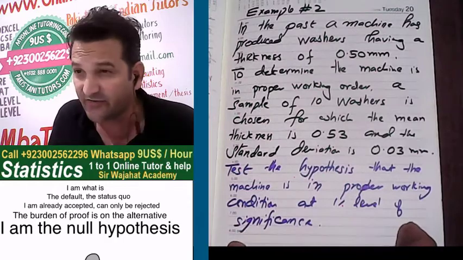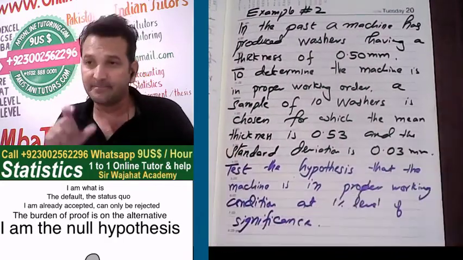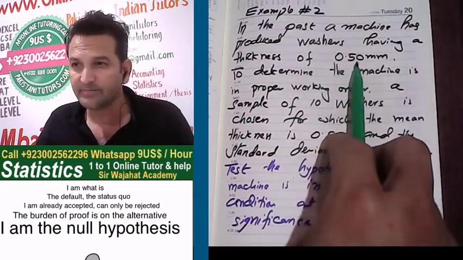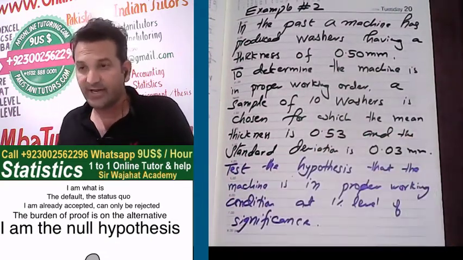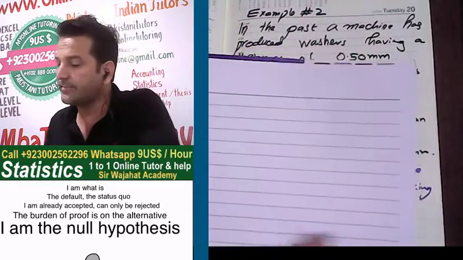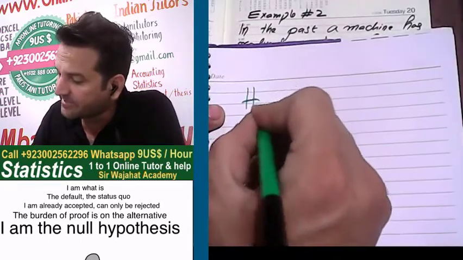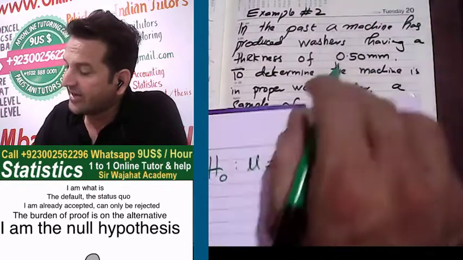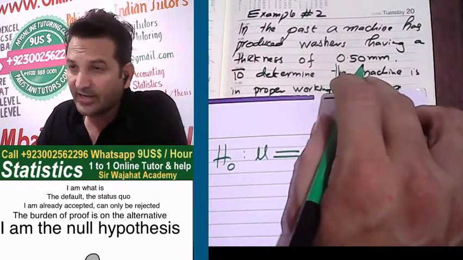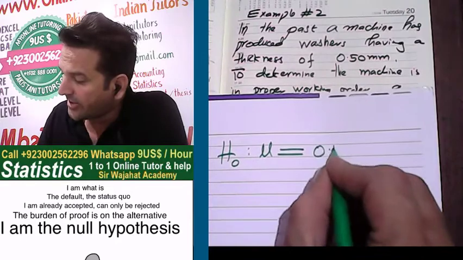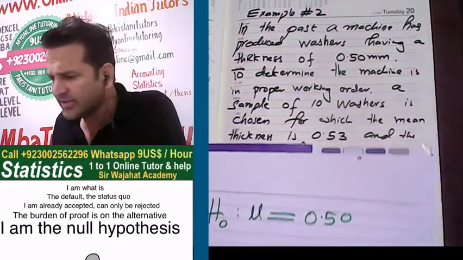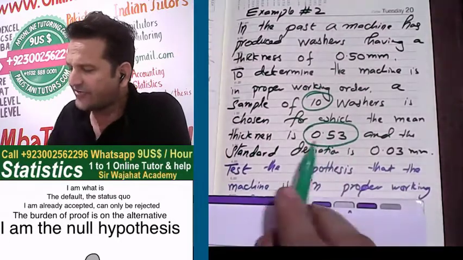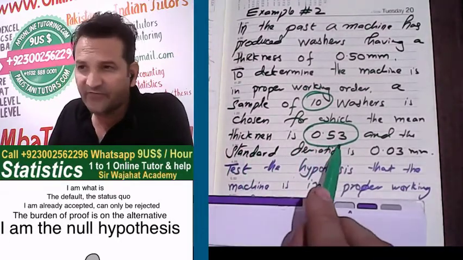Forget the level of significance. We are just developing the null and alternative hypothesis. So look at this. Whatever the claim is, 0.50. The claim is 0.50. So for H naught, we will take the value of the already accepted claim, which is 0.50. On the other hand, the sample of 10 has shown that the thickness is 0.53.